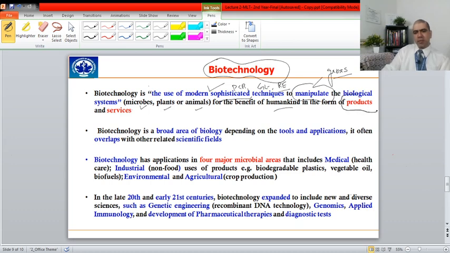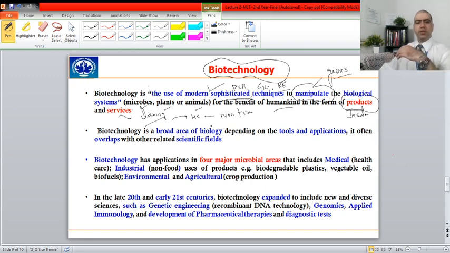A product example is insulin and growth hormone, and services are like wastewater treatment and cleaning of oil spills. So we can genetically engineer microorganisms that can act on the hydrocarbons and make them non-toxic.